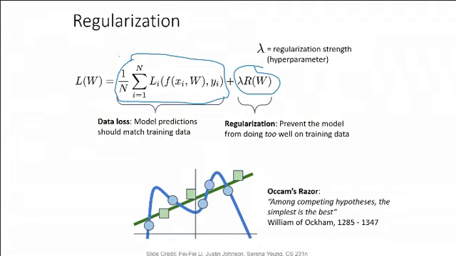Number one, if you increase the capacity, you have to pay me, so your loss will be higher, and remember we want to minimize this thing. So if I want to increase my capacity, I will have to minimize much more rigorously, and I won't be able to reach that minimization.